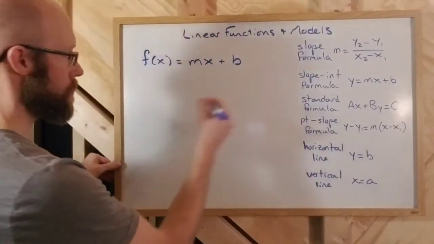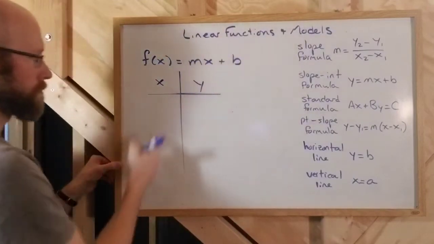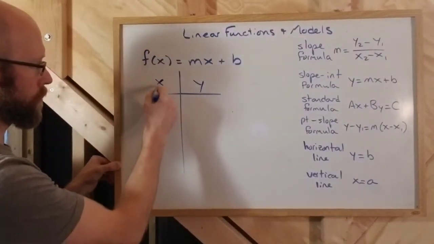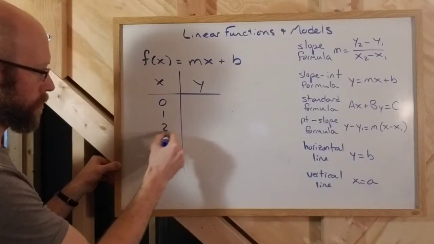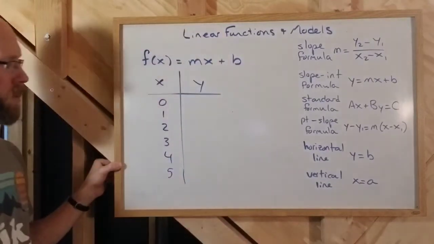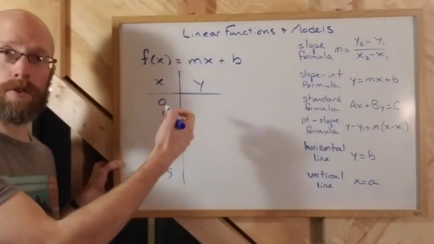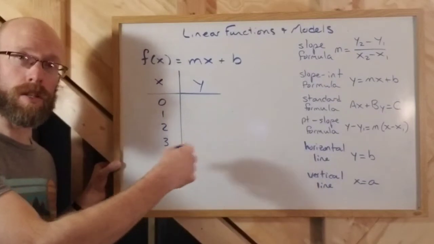And so as a result of that, let's say we wanted to just start plugging in, increase by 1, just because it's easy to calculate, 0 to 5, then the y values, in order to be a line, would have to increase at a constant rate.